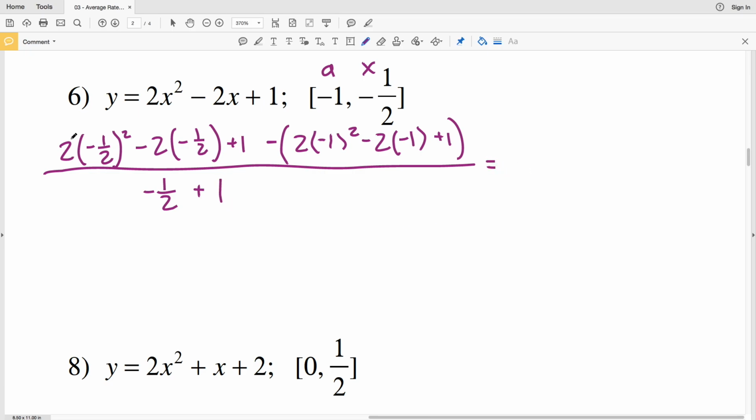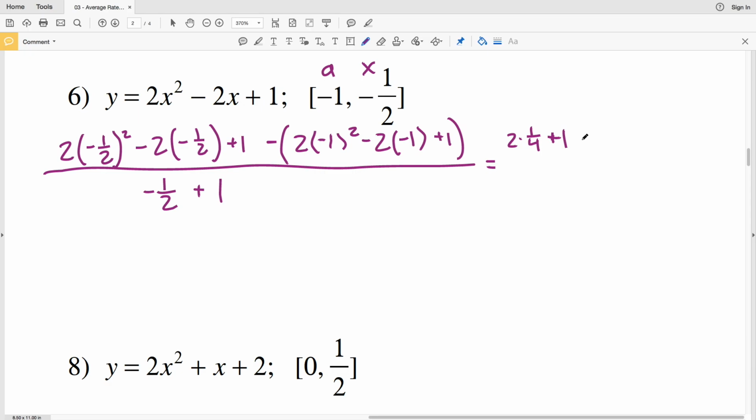So let's simplify. Negative 1/2 squared is going to be a positive 1/4, so I'll have 2 times 1/4 minus 2 times negative 1/2, which is going to be a negative 1, but if I'm subtracting a negative, that's the same as adding a positive.